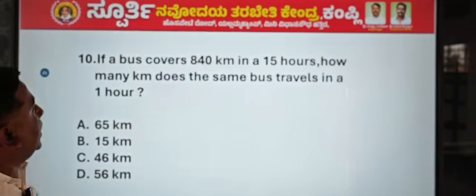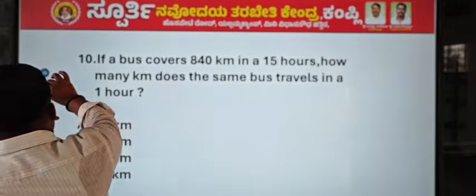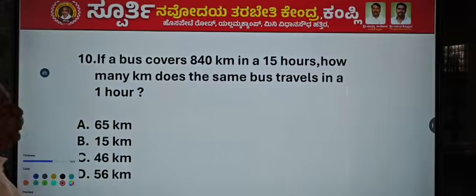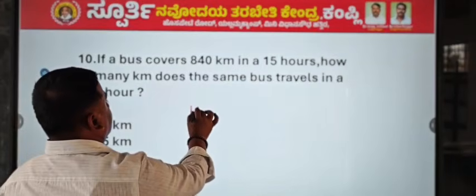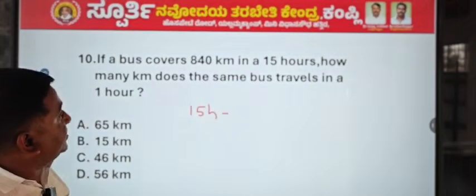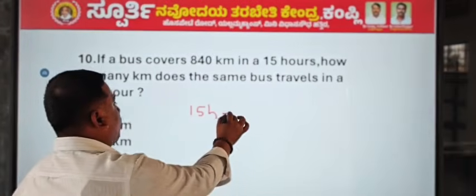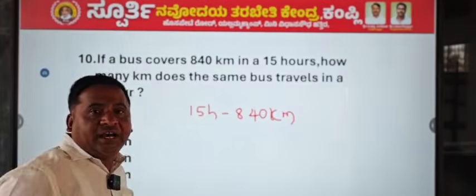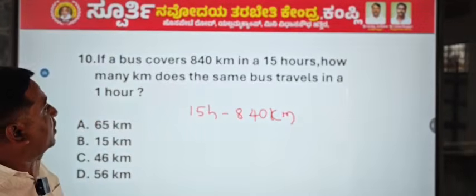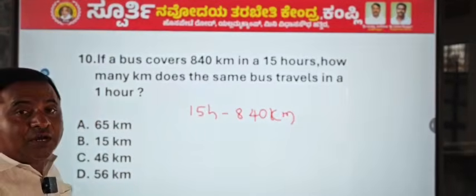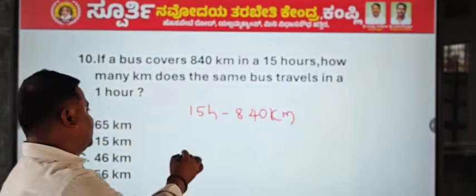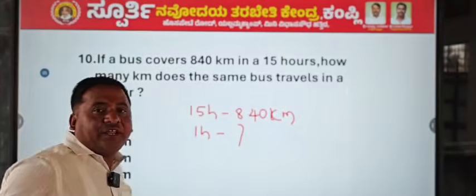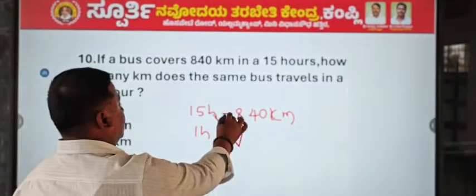In 15 hours, the bus travels 840 kilometers. Question they are asking: in 1 hour, how much will it travel? Unitary method, cross multiplication.